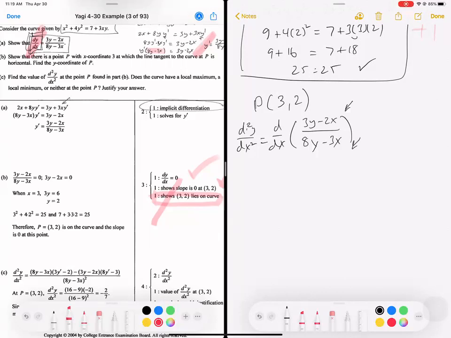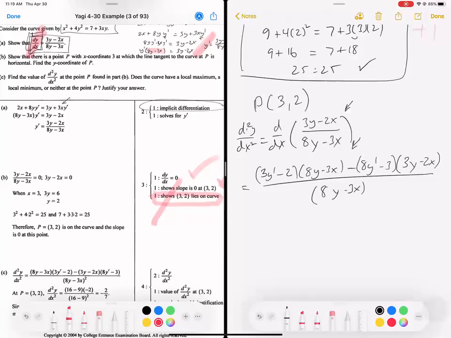So the derivative of the top is 3y prime minus 2, leave the bottom alone, 8y minus 3x, minus the derivative of the bottom, 8y prime minus 3, leave the top alone, 3y minus 2x, all over the denominator squared.